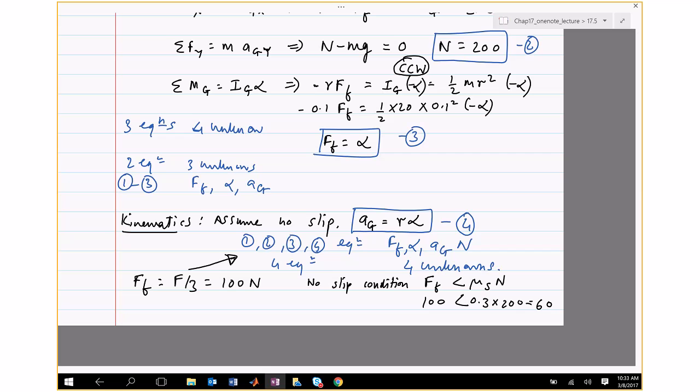If the friction force comes out to be less than mu s times n, then it's true that it is rolling. Otherwise, it's not true, which means that our assumption was wrong. It's wrong, which means that it's actually slipping.